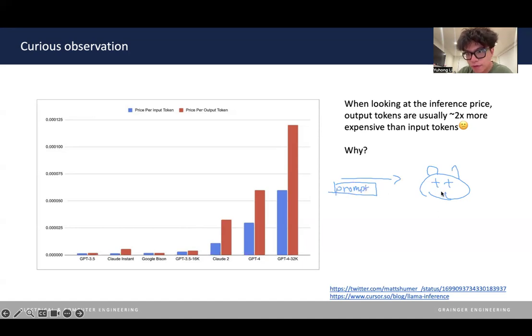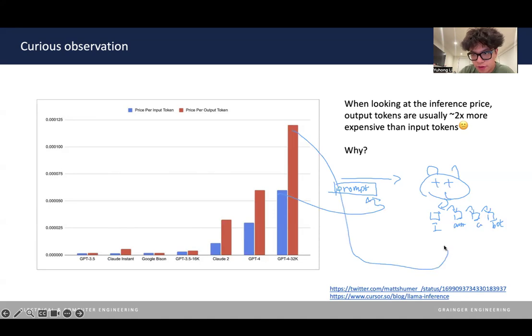Just say prompt, and the chatbot will say something in response. So this is the prompt price, and this is the price per token for the whole thing.